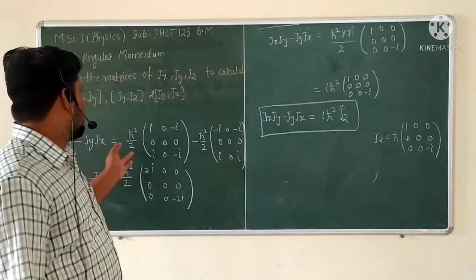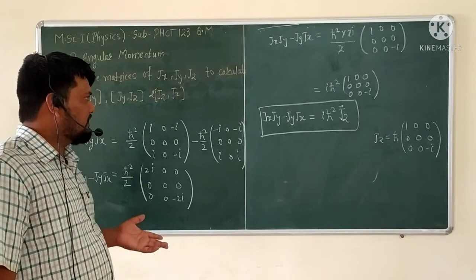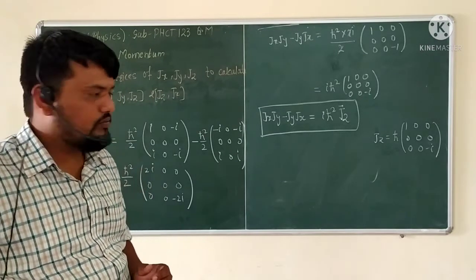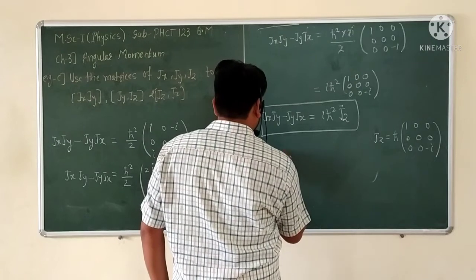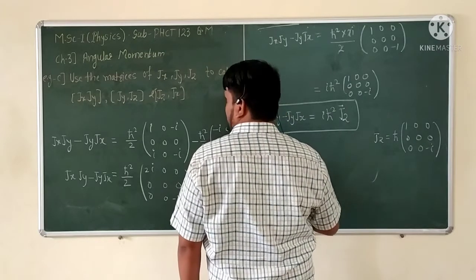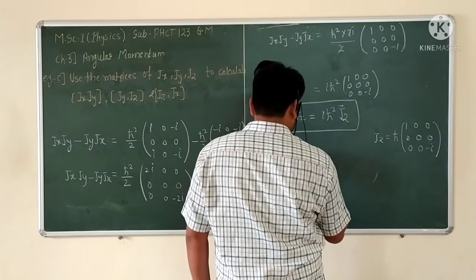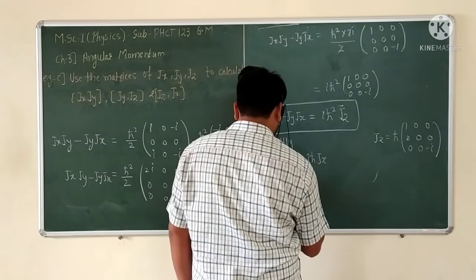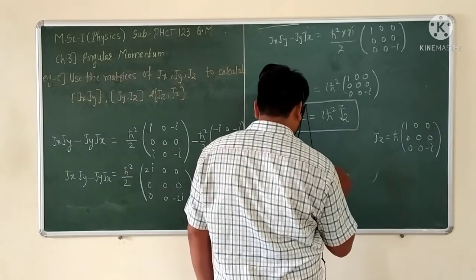We have to calculate Jx and Jy: JxJy minus JyJx is nothing but i h cross Jz. Similarly, JyJz minus JzJy is nothing but i h cross Jx, and JzJx minus JxJz is nothing but i h cross Jy.